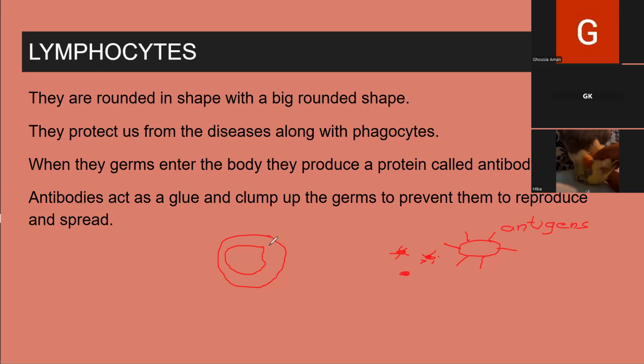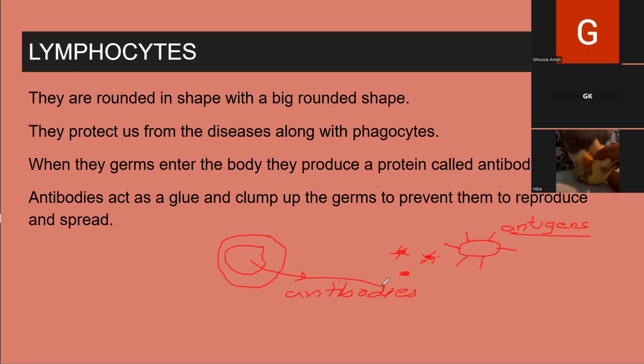When they come inside our body, our lymphocytes can recognize these antigens, and in response they start producing another sort of protein, called antibodies. Antibodies are special proteins produced in response to the antigens. What are antigens? The foreign particles are called antigens.